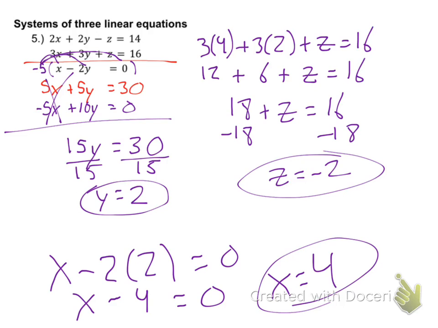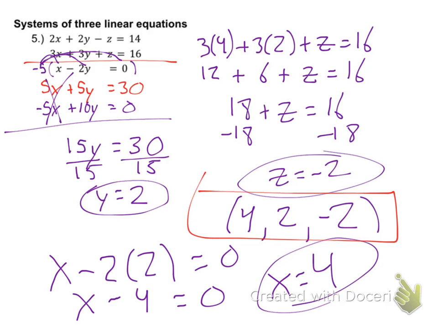But I can't leave it this way. I need to leave it as an ordered pair. So it has to be x, y, z. So I'm going to put 4, comma, 2, comma, negative 2. And there's my answer. Now, if you wanted to, you could check these.